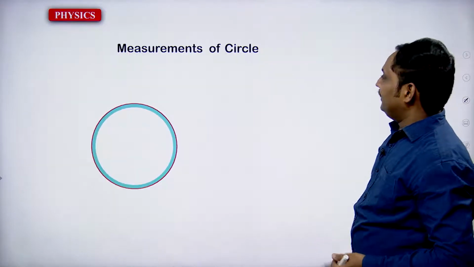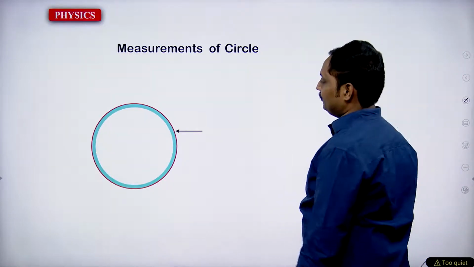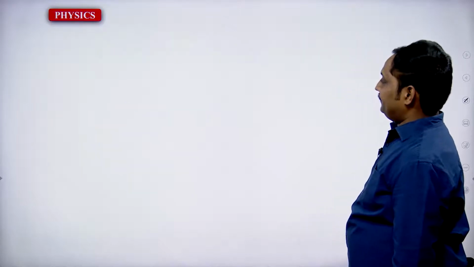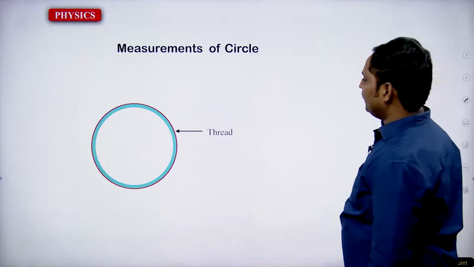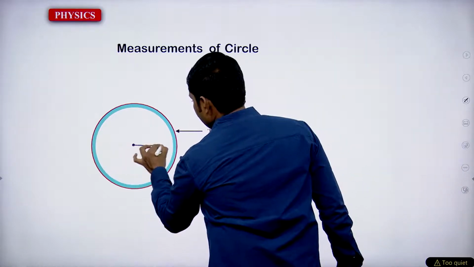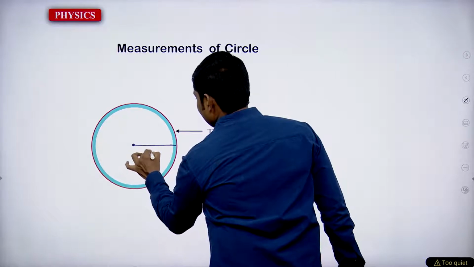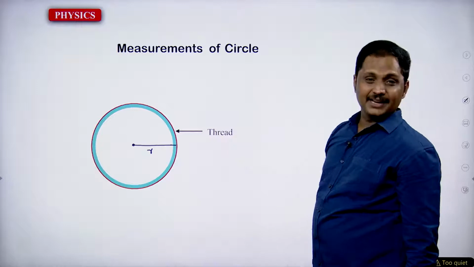Next, you will take the measurement of a circle also. This is a circle, and we are going to use a thread. You can easily identify that this is the center, and you will take the radius. Let us assume a mini circle.